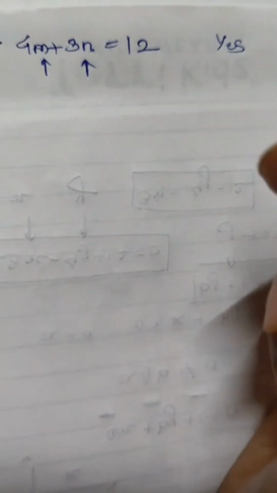There are various different equations given. The first equation is 4m plus 3n is equals to 12. It asks whether the equation is a linear equation in two variables. The answer is yes, as we can see one variable is m and one variable is n. So this is an equation in two variables.